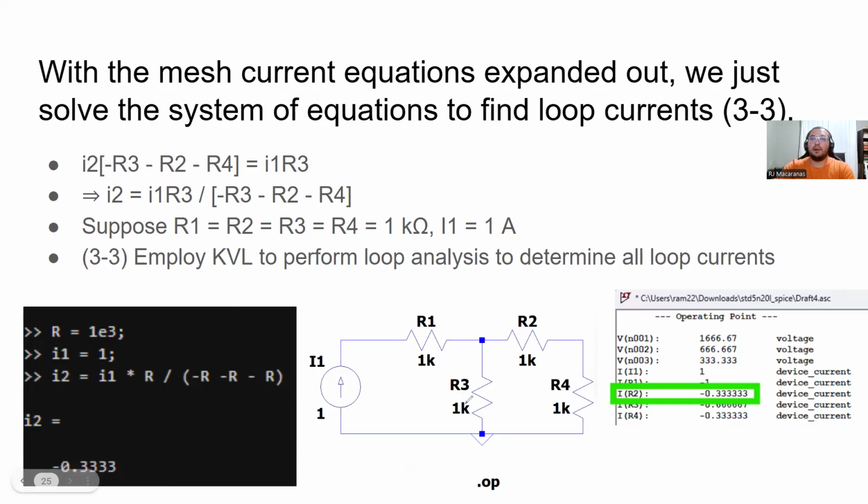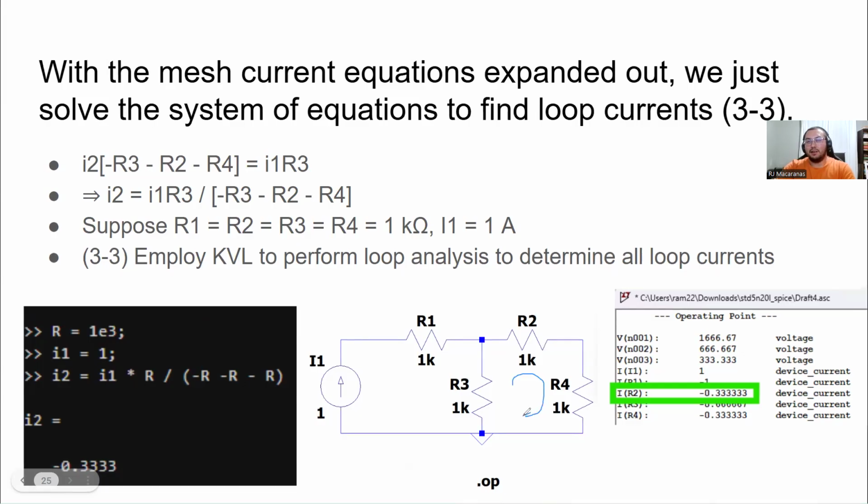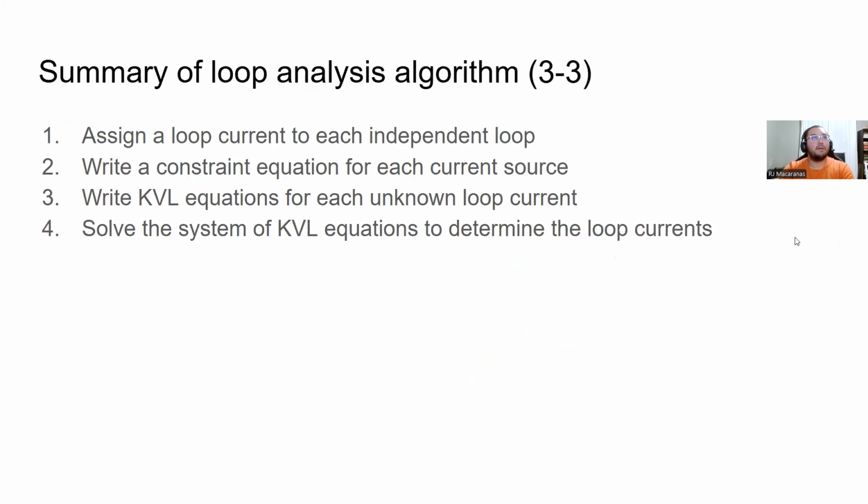If you remember, we had defined I2 in this direction, so if it's minus, then it's actually going in the other direction, 0.33 amps that way. And I plopped it into LTspice just to verify all of my analysis, and it all worked out, and everyone's happy.